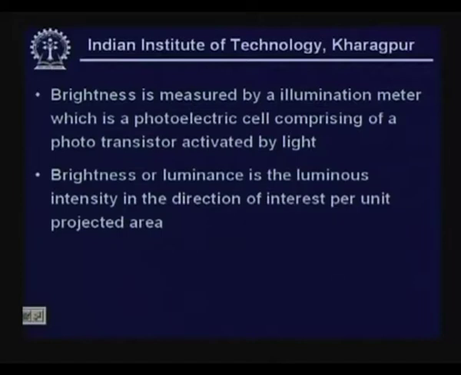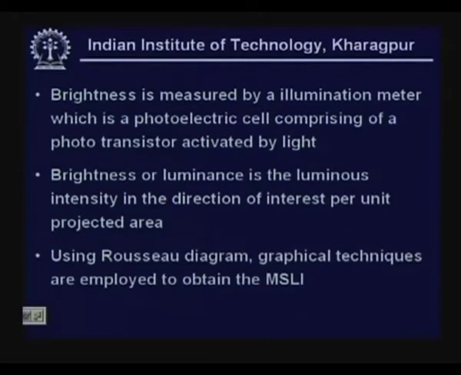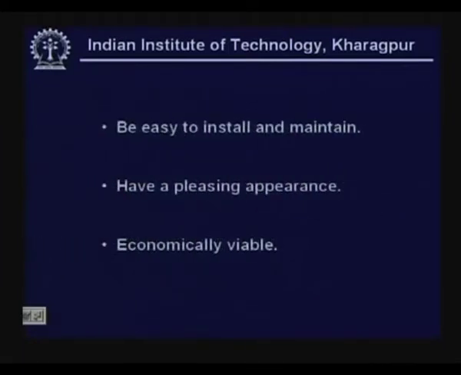Now, brightness or luminance is the luminous intensity in the direction of interest, but for the unit projected area. This is very important, and we have already said we use the Rossum diagram to get the mean spherical luminous intensity. This becomes very important because unless you have an idea of this, it may not be possible for you to arrive at the number of sources, location of the sources, etc.